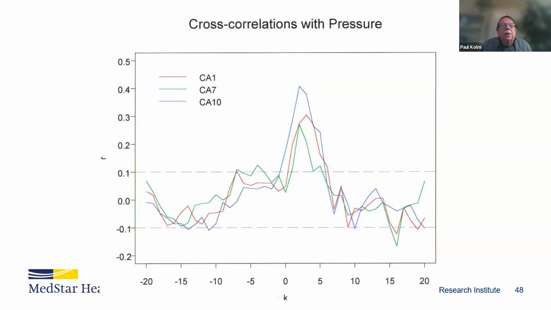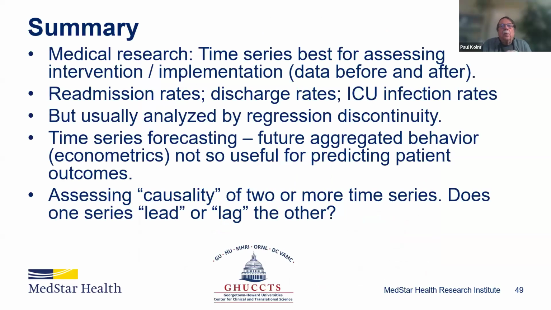So again, what we're saying is that in time series analysis, as far as medical research is concerned, it's primarily best in assessing intervention or implementation, where you have data before and after some particular intervention.